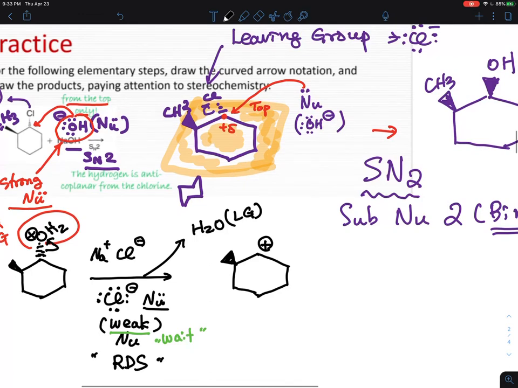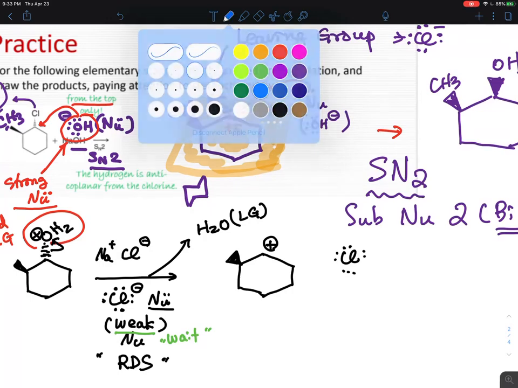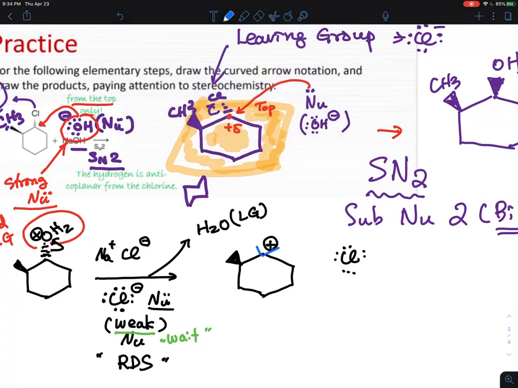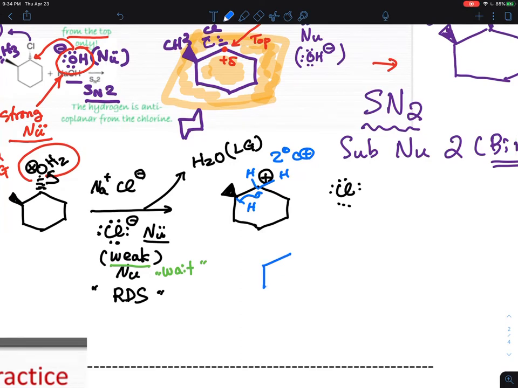And then this chlorine is going to make a bond with the carbocation up there. And this is actually interesting, it's a lot more complicated than I thought. I just made up this problem, and I'm giving you a headache here. This is a secondary carbocation. But if you look, there's a hydrogen. Can I do the hydride shift? Yes, you can.